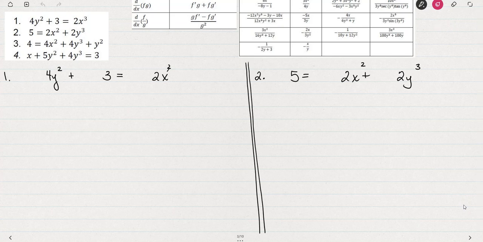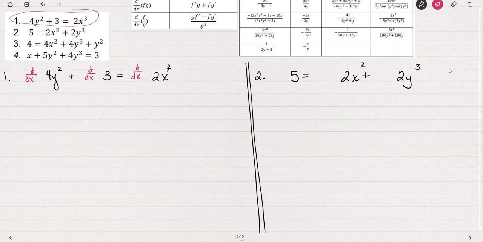Now, when we do the derivative of this equation, 4y squared plus 3 equals 2x cubed, with respect to x, it's like doing this. We're doing the derivative with respect to x of each of the terms in this equation. So it wouldn't hurt to write that each time.